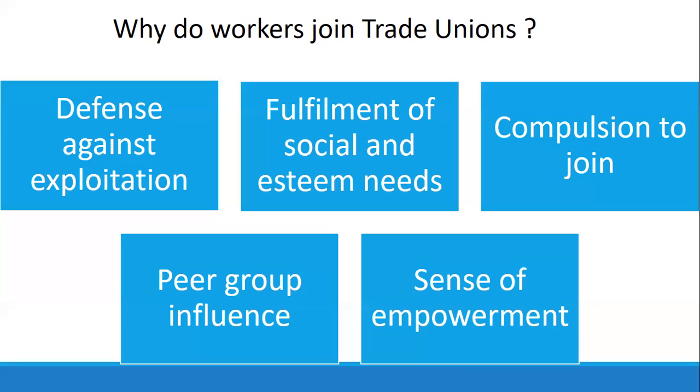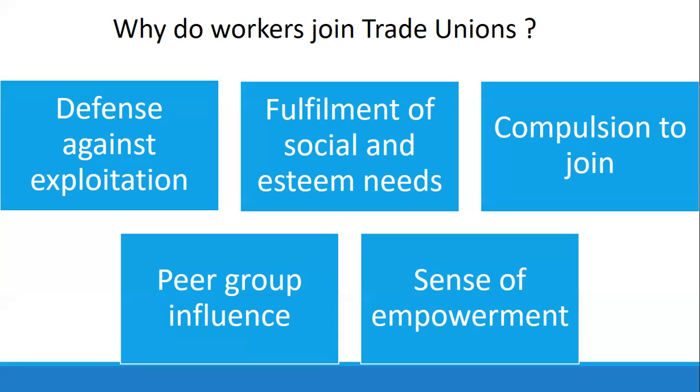The third reason why workers join a trade union is compulsion to join. In some organizations, union membership is almost compulsory, especially where there is a single union with near monopoly.